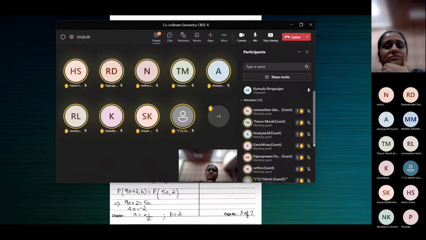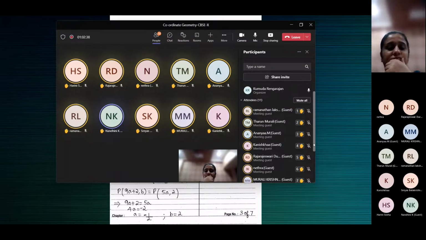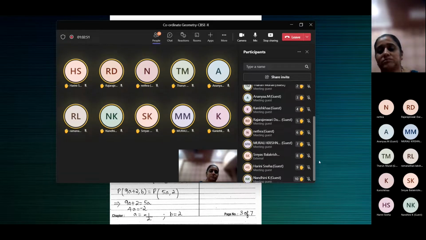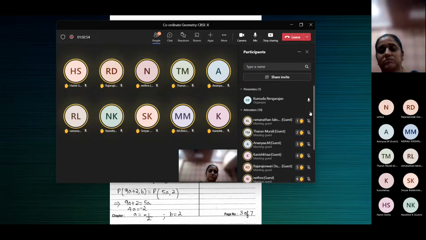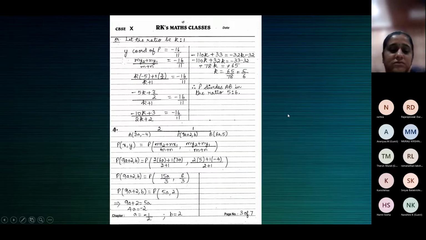Okay, Netra. Ma'am, I too got A is equal to minus 1 by 2 and B is 2. Okay. Kanishka. Pranav. Yeah, so the answer is here. I'll wait for 3 minutes.